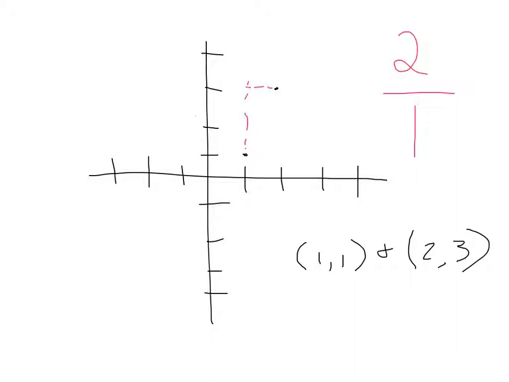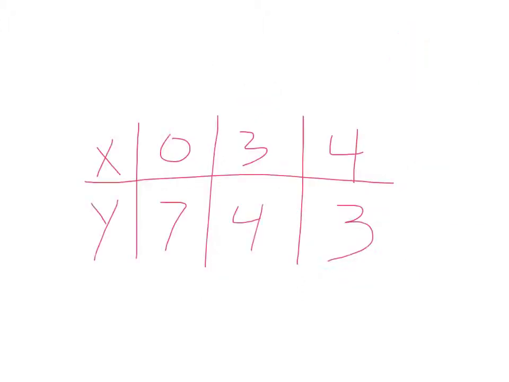If I look at the y values, I can see that to get from 1 to 3, I would need to go up 2. And looking at the x values, I can see that to get from 1 to 2, I would have to go right 1. So, looking at those 2 values, 2 over 1, again, would give me my slope.